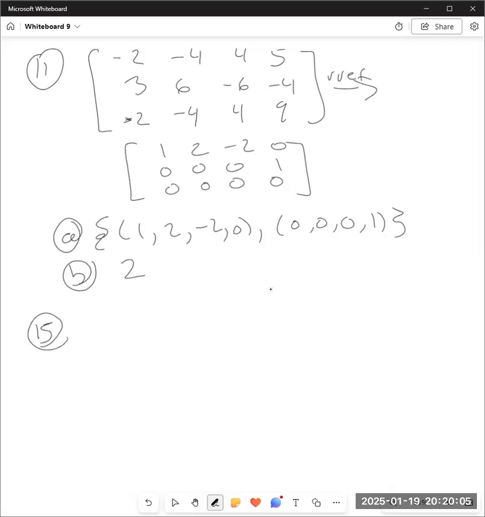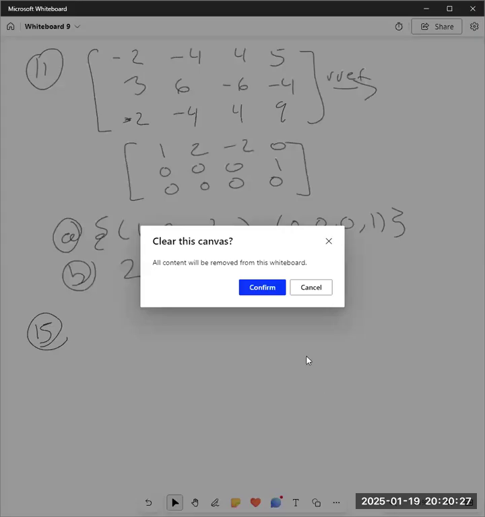Number 15. We have finding the basis for a subspace of R3.